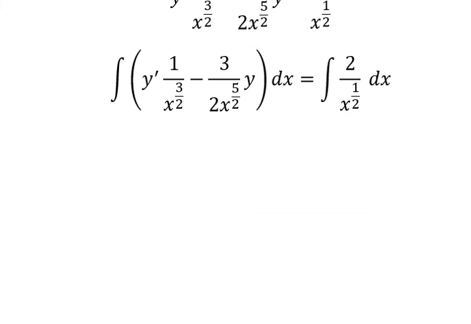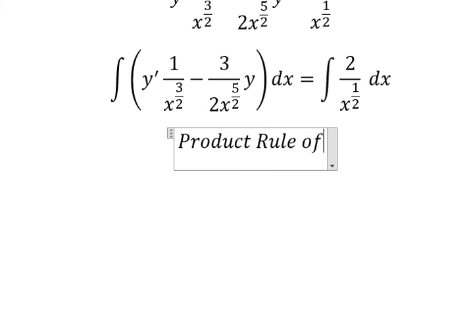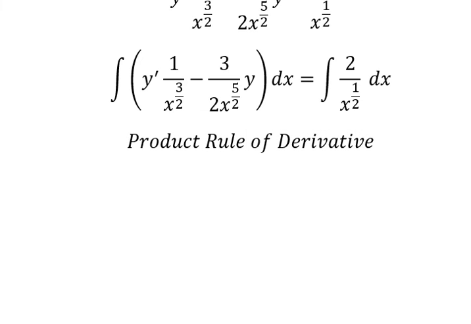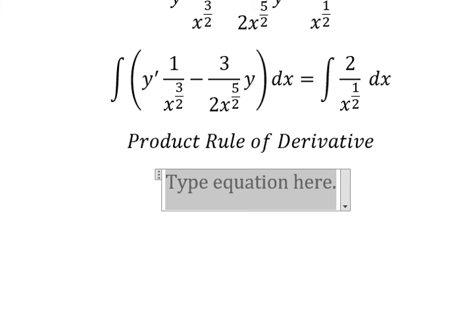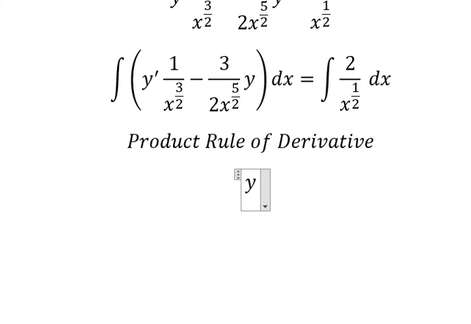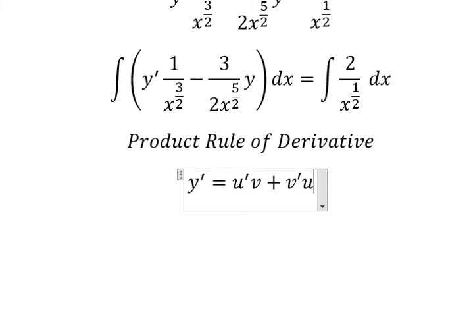So we can apply the rule of derivative. So we have first derivative of y equals first derivative of u multiplied by v plus first derivative of v multiplied by u.